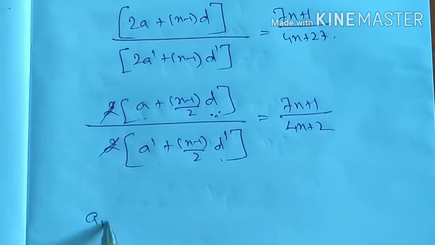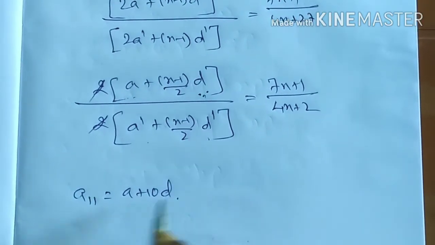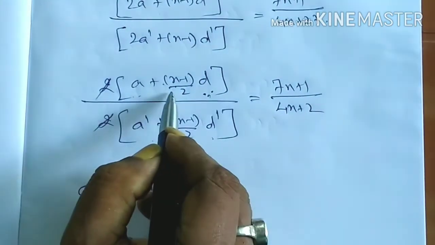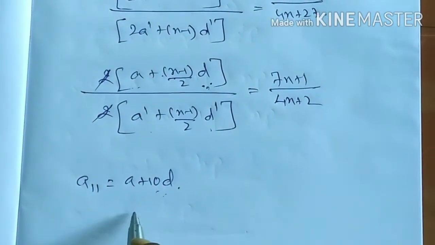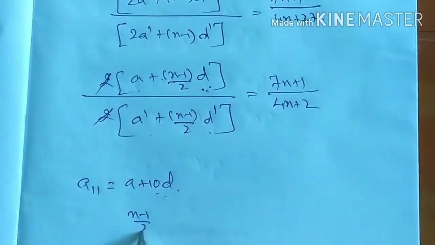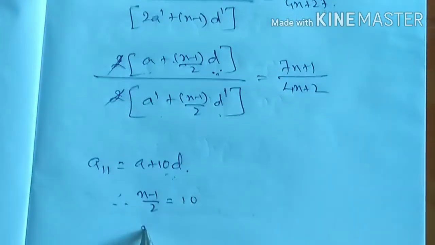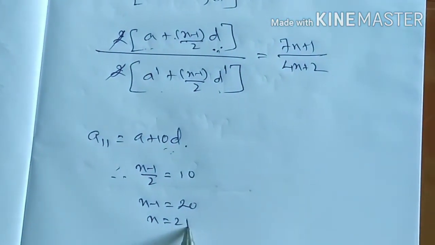that is a11, that is a plus 10d. Therefore, if we equate these two, we find that n minus 1 by 2 is equal to 10. Therefore n minus 1 is equal to 20, and n is equal to 21.